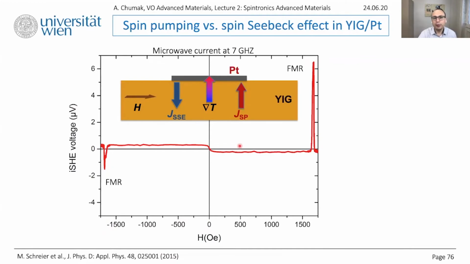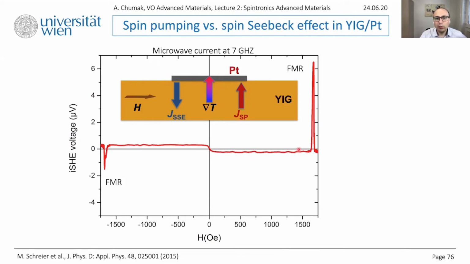Because if you are applying the microwave signal, you do not switch it off, it's still applied to the antenna, but you do not reach resonance conditions, you still have parasitic heating up of platinum due to Joule heat. And in this system, you create a situation that platinum is hot, YIG is cold because it's an insulator, there are no eddy currents.